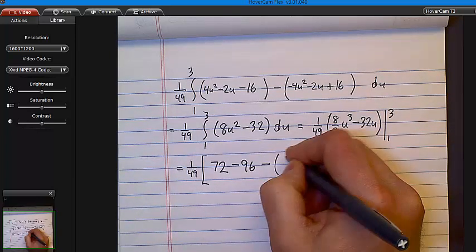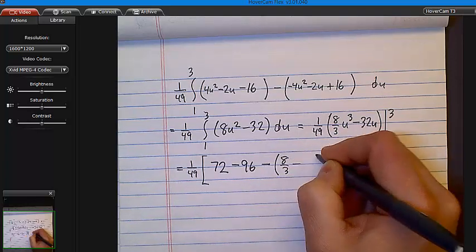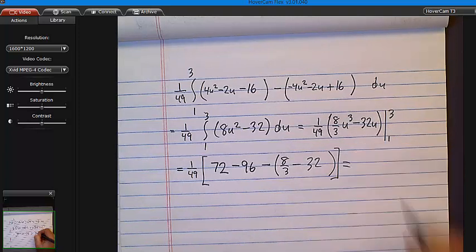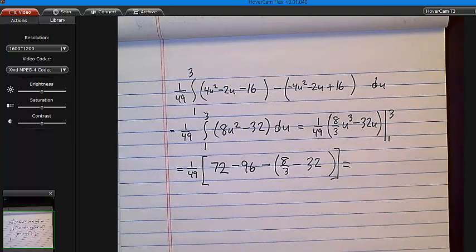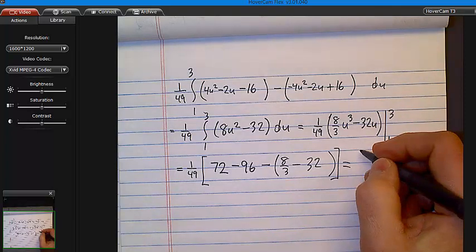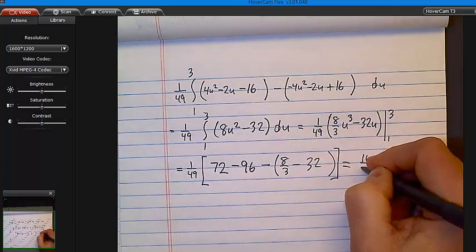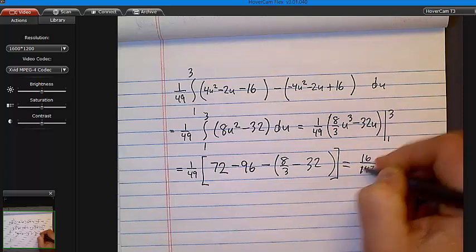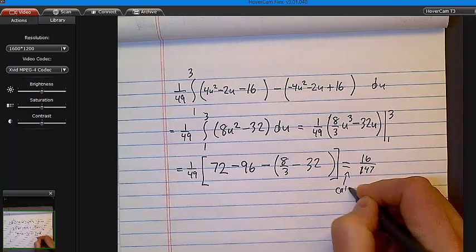It's just 8 thirds minus 32 here. So let's see, 72 minus 96, well, I'm done. Let's just call this 16 over 147, and I'm going to say I used a calculator at that point.